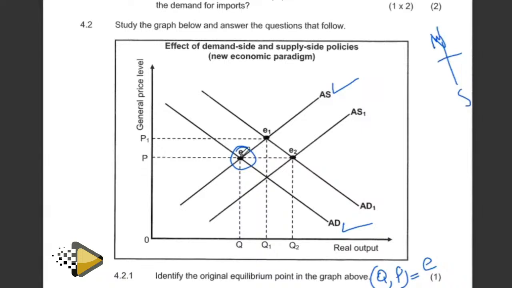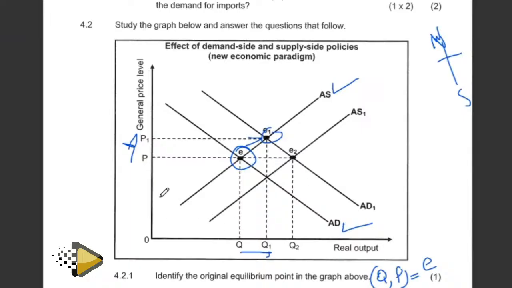Now if there is an increase on the demand side and supply side approach, that influences prices to shift from P to P1, and our quantity to shift from Q to Q1, making the equilibrium move from E to E1.